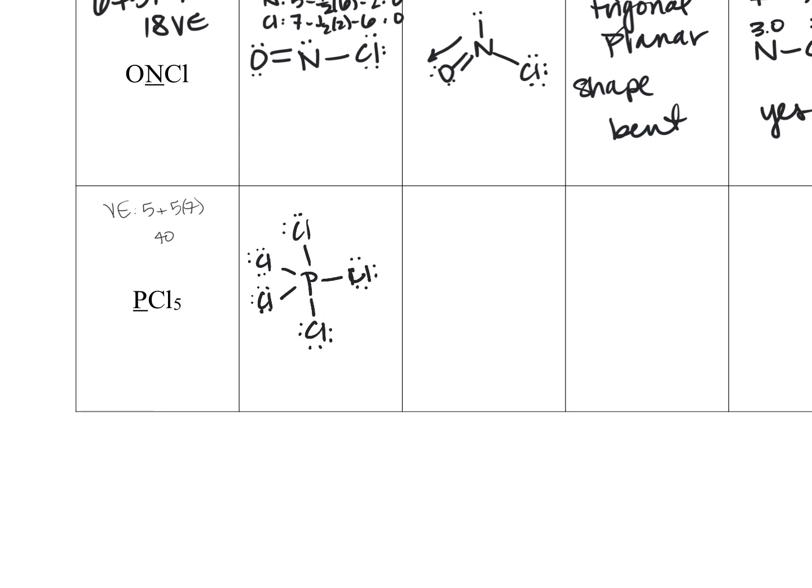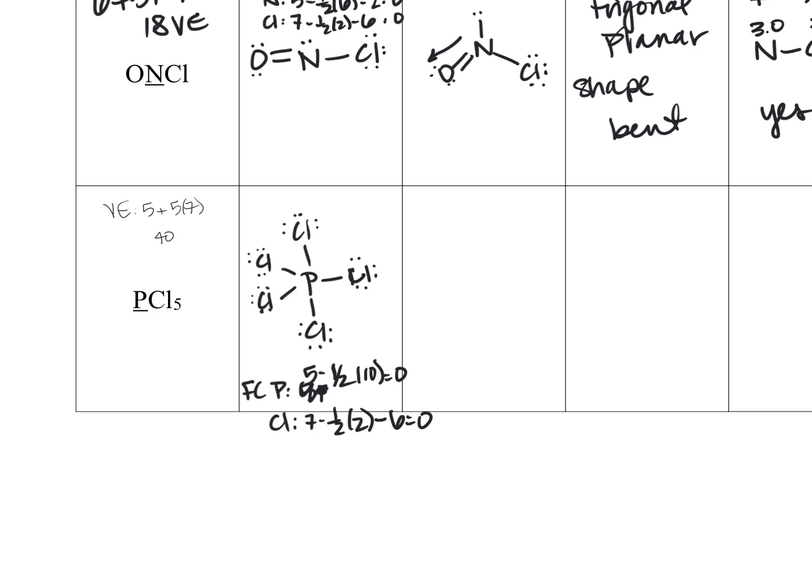And yes, it does take just a second. But once we do this, the formal charge for phosphorus is 5 minus half of 10 equals 0. And for chlorine, it is 7 minus half of 2 minus 6, also 0.